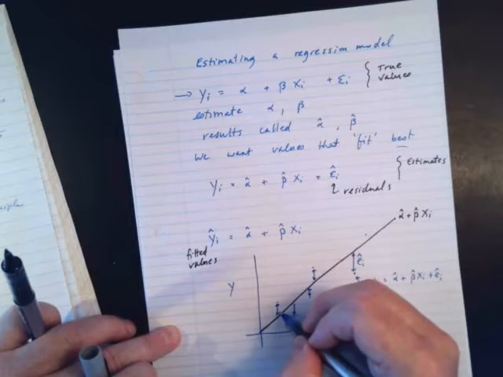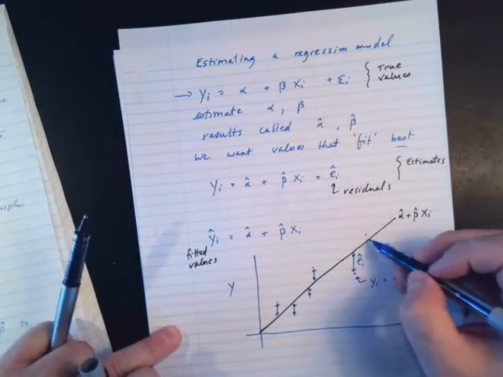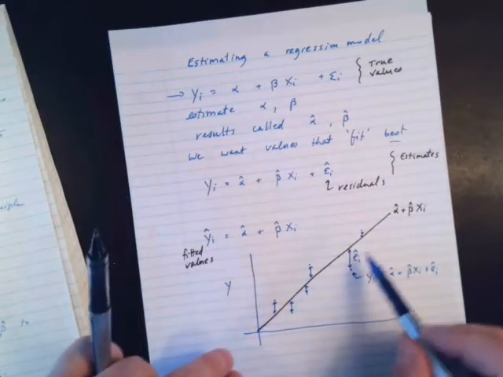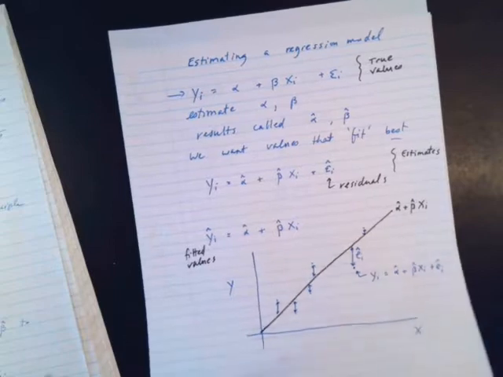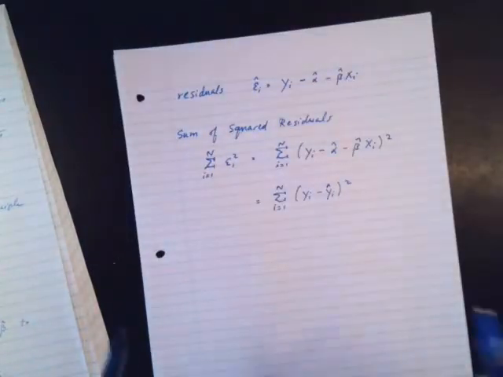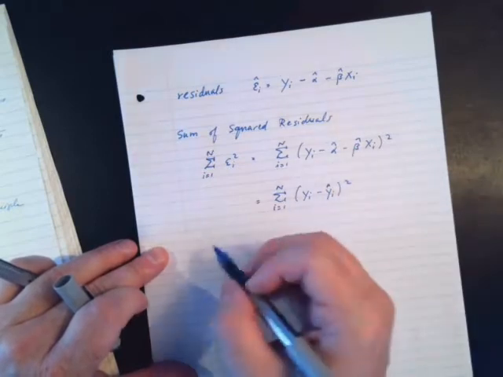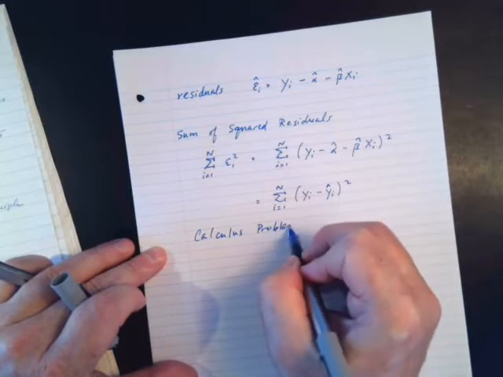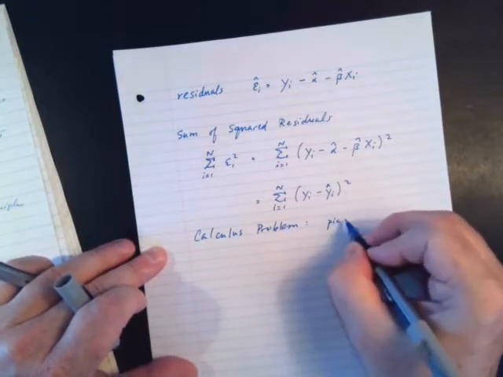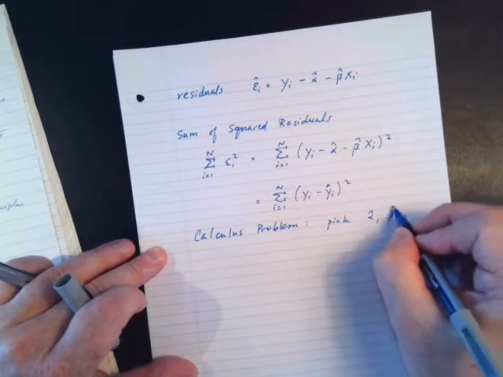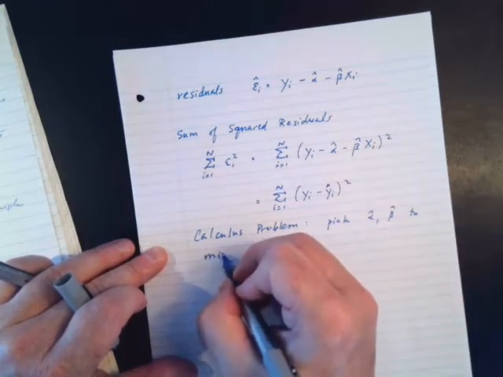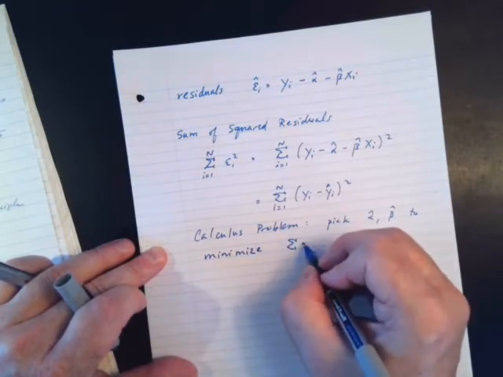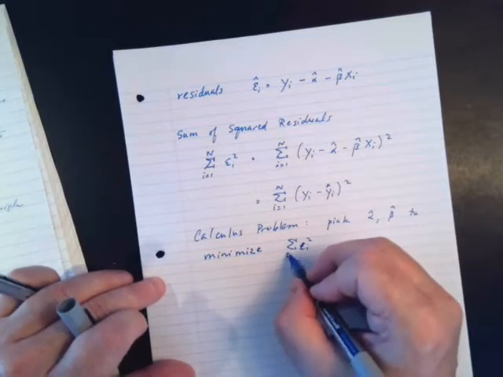And what we want to do is pick the values of alpha and beta that gives us the smallest sum of these squared vertical distances. And that's a calculus problem. We want to pick alpha hat and beta hat to minimize the sum of the squared residuals.